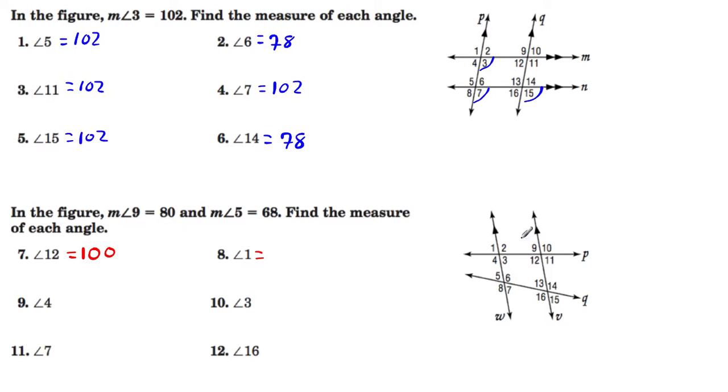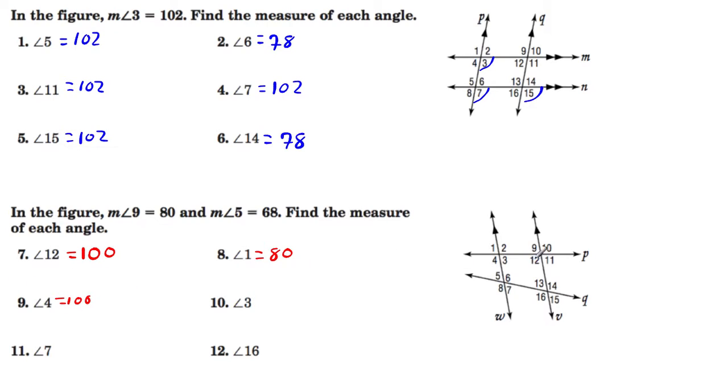Angle 1 is corresponding to angle 9, so that's going to be the same measure, 80. Angle 4 is here. Oh, it's supplementary to angle 1, so that's going to be another 100.